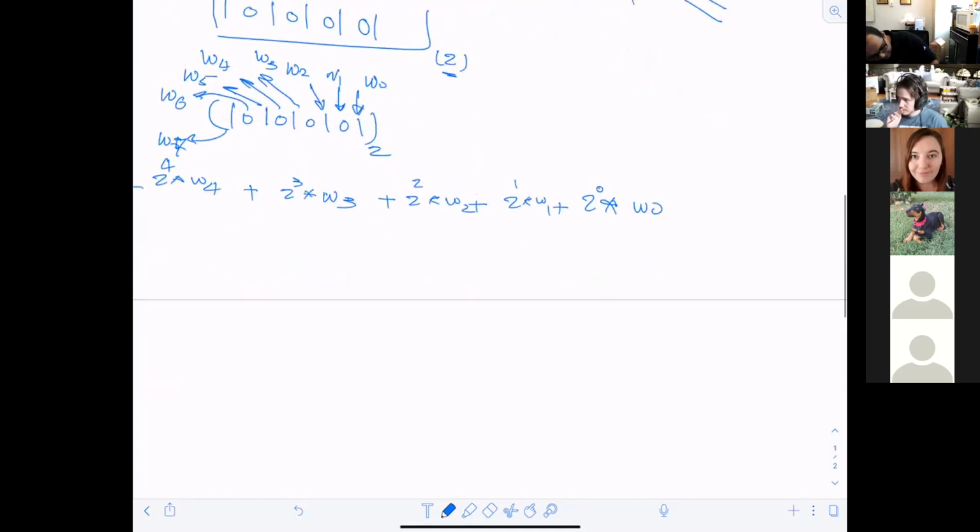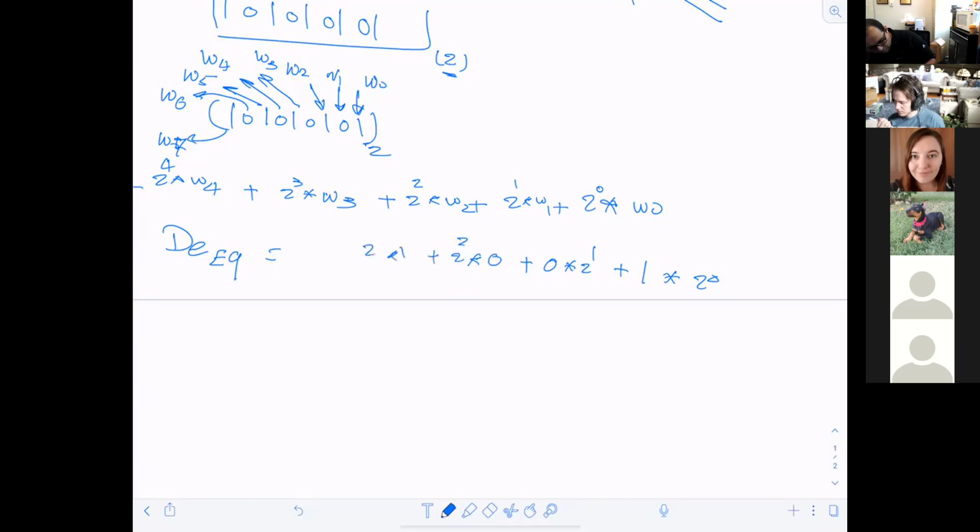So I will say the decimal equivalent is equal to 1 times 2 power 0, added to 0 times 2 power 1, then 0 times 2 power 2, then 1 times 2 power 3, then 0 times 2 power 4.